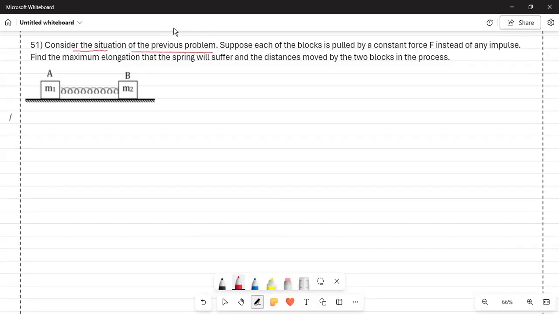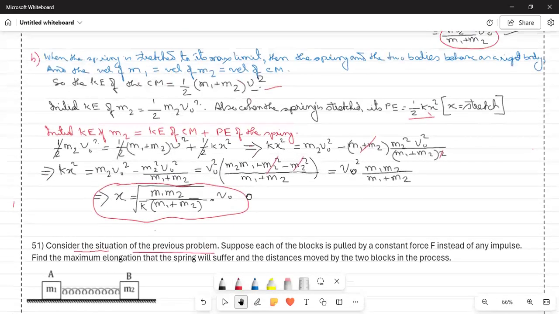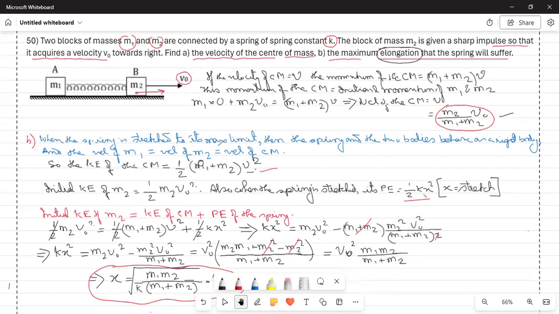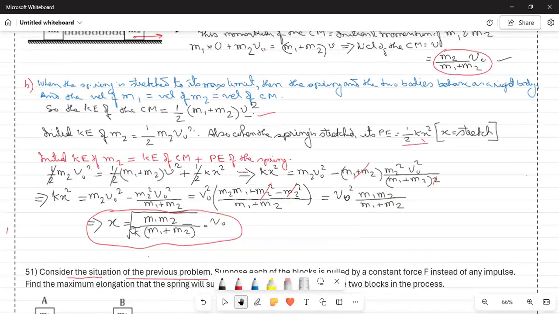So what was the previous problem? The previous problem, problem 50, was two blocks of masses M1, M2, and a pulse was applied to M2 so that it had an instantaneous velocity of V0. And then we found out the total extension of the spring.